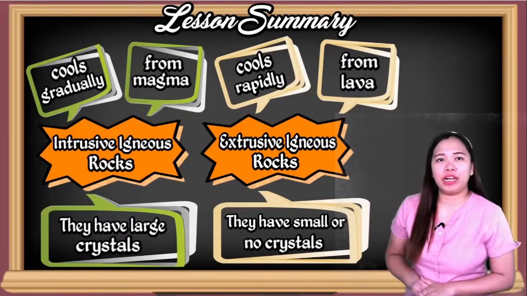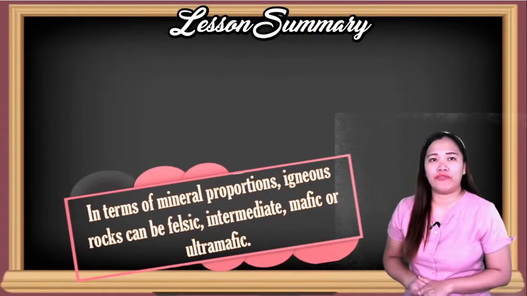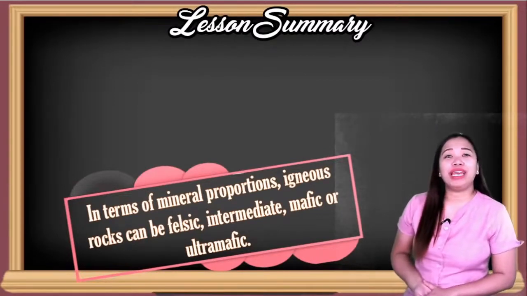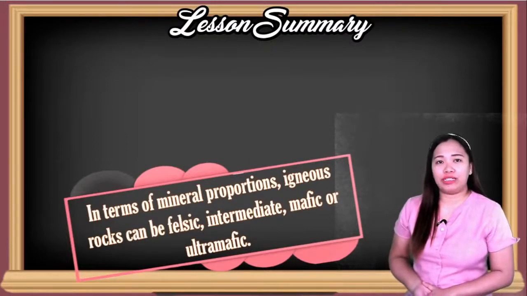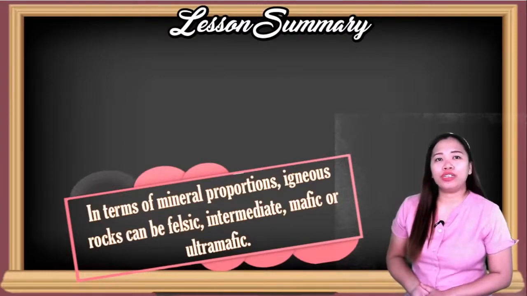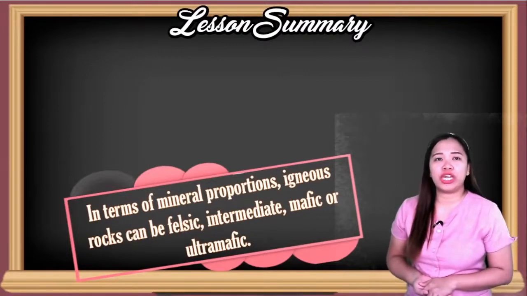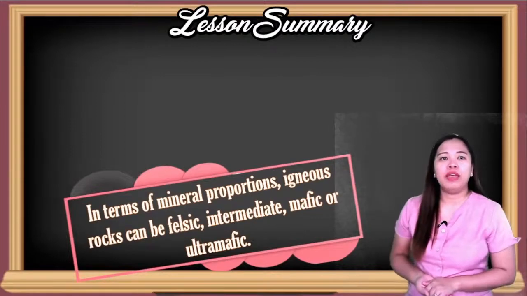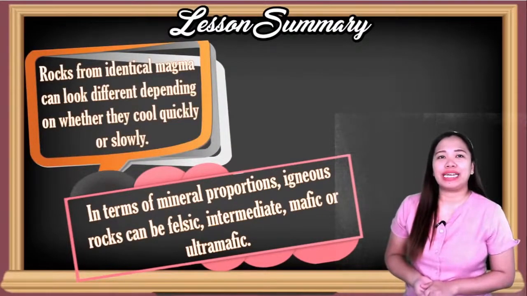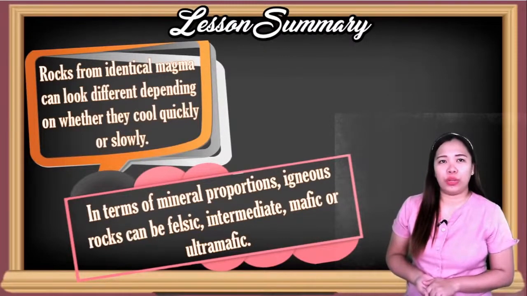In terms of mineral proportions, igneous rocks can be felsic if rich in feldspar and silica, intermediate if it contains lower proportions of silica than rocks in the felsic family, mafic if rich in magnesium and iron, or ultramafic if the rock has a very low silica content but is rich in minerals such as hypersthene, augite, and olivine. Rocks from identical magma can look different depending on whether they cool quickly or slowly.